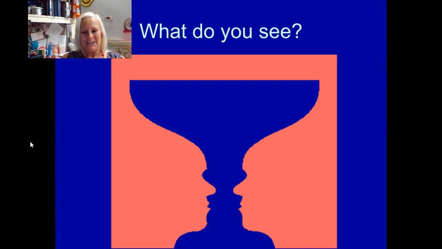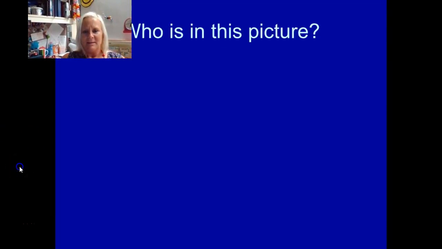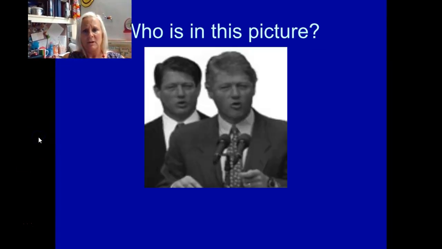Now, what do you see here? Interesting. Do you see the two faces, the silhouettes, looking at each other? Or do you see kind of like a goblet shape structure? I don't even know what you call that. Okay. All depends on what you see. Now shout it out if you know who this is. Who's in this picture?